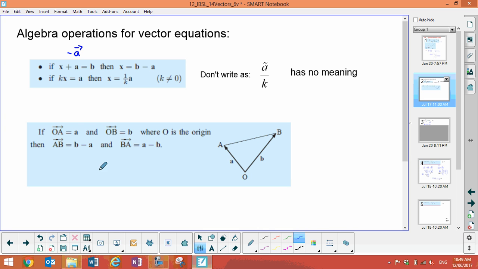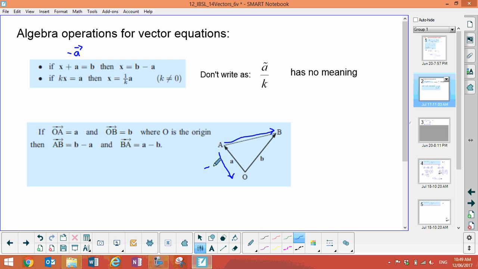Here, in this example, we've got our vector A, which can be defined as OA from the origin, and vector B is OB from the origin. Then AB is equal to B minus A. So remember, if we want to go from A to B, then to get from there to there, it's the same as doing the opposite of this.